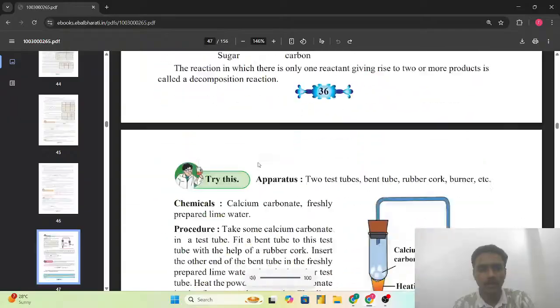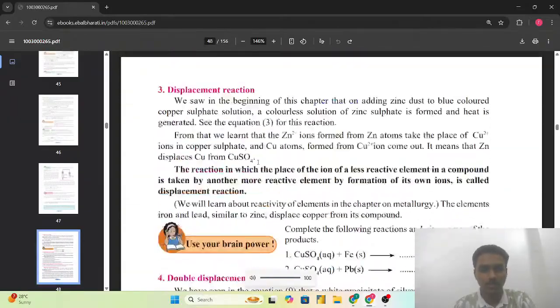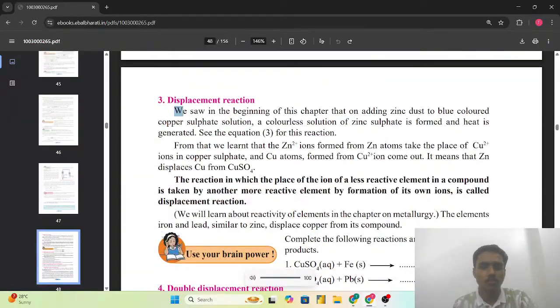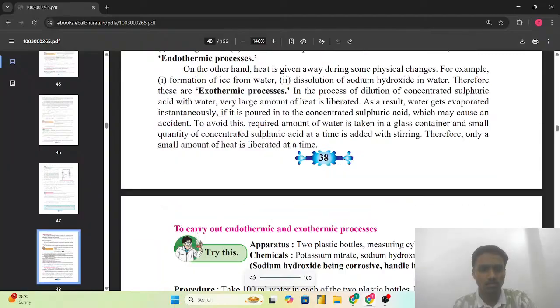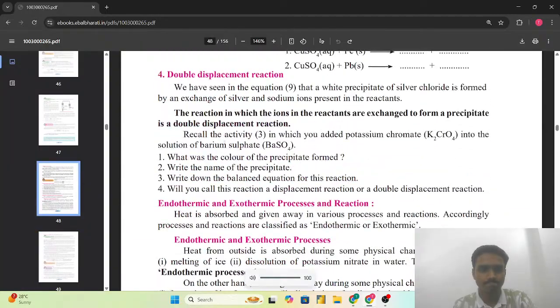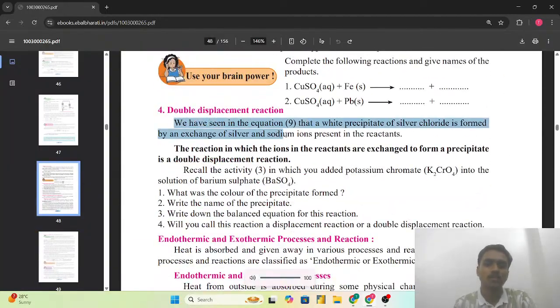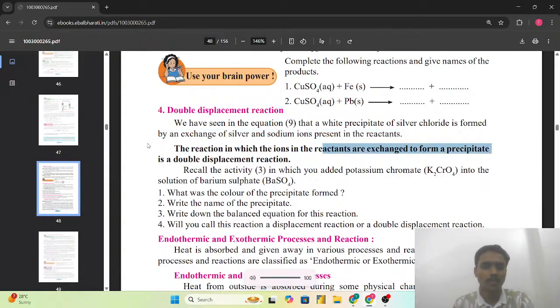So let us see what they are telling us about the double displacement reaction. We have seen in equation 9 that a white precipitate of silver chloride is formed by an exchange of the silver and sodium ions present in these reactants. So the reaction in which ions in the reactants are exchanged to form a precipitate is a double displacement reaction.